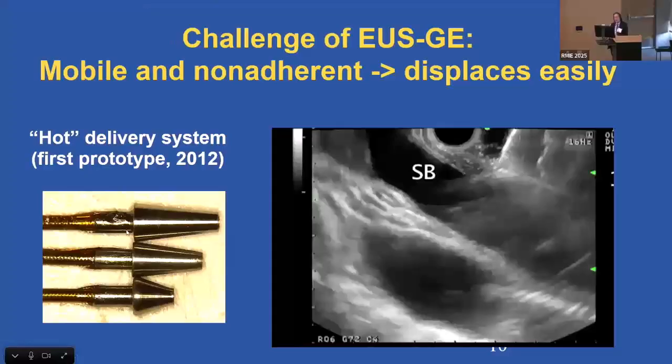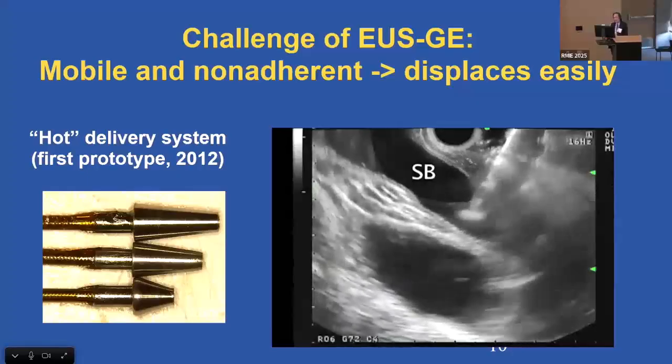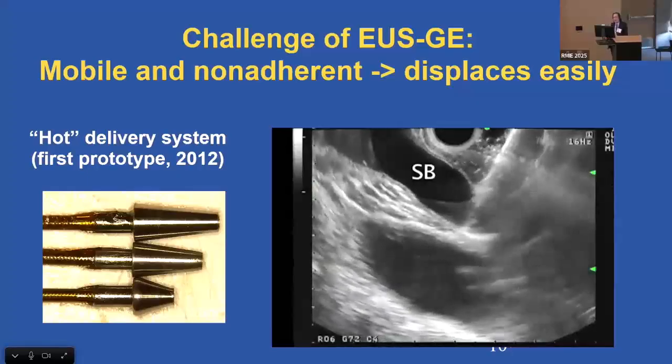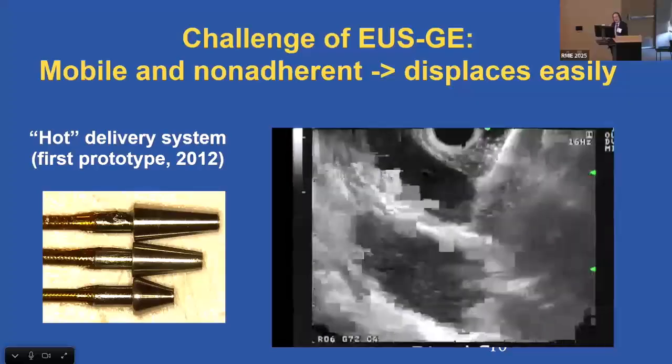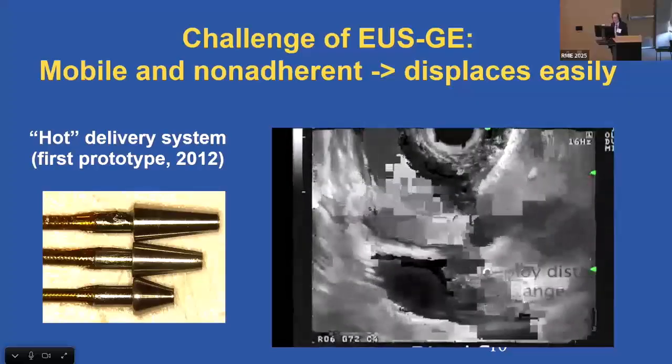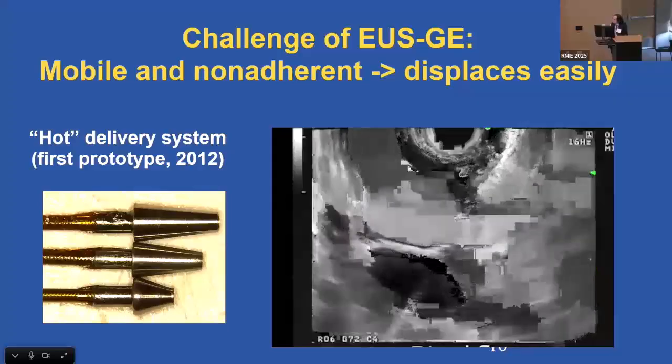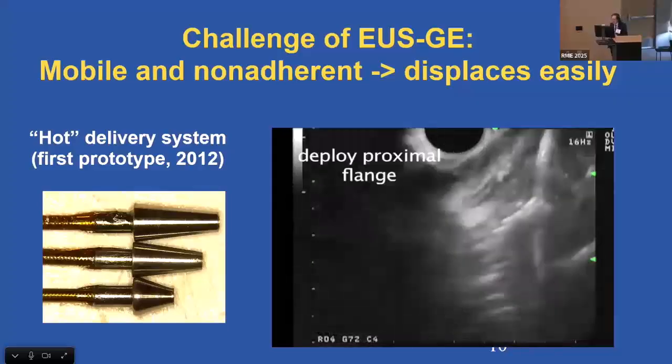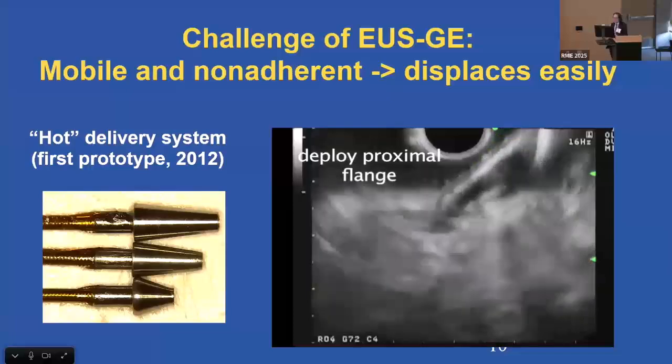And so this is actually the first prototype that we developed here. You can see different prototypes. And this is the very first video in the pig lab that I'd like to share with you. So here we're using one of these first prototypes. We're able to get in with one step puncture, one device puncture really. And fortunately, it's not showing very well, we deploy the distal flange and then the proximal flange.